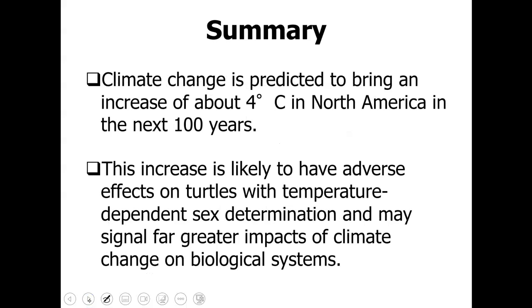Climate change is predicted to bring an increase of about 4 degrees Celsius in North America in the next 100 years. So we're going to have a lot fewer males being produced if humans don't step in. This increase is likely to have adverse effects on turtles with temperature-dependent sex determination and may signal far greater impacts of climate change on biological systems.